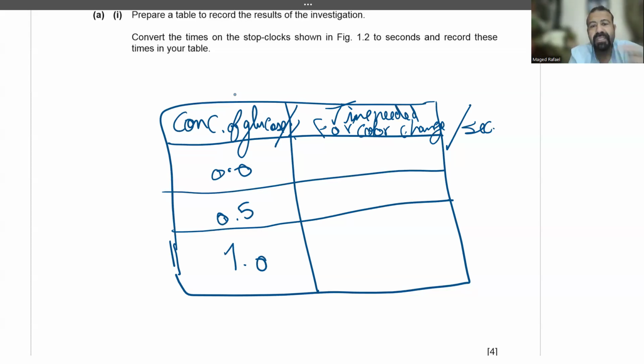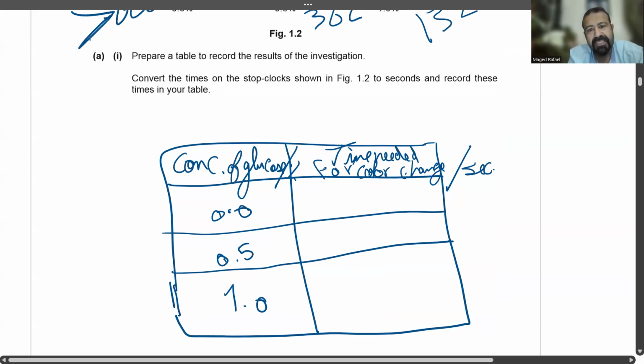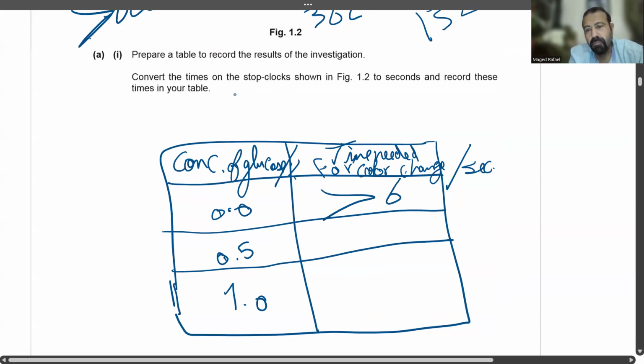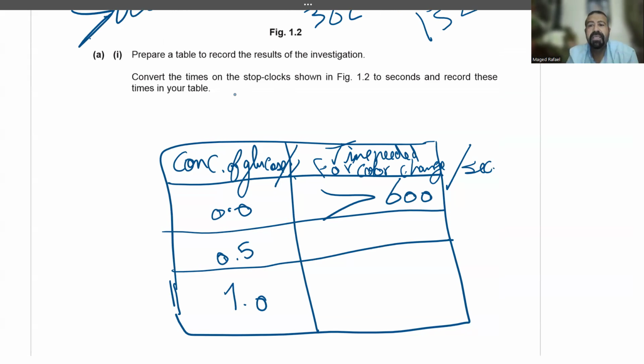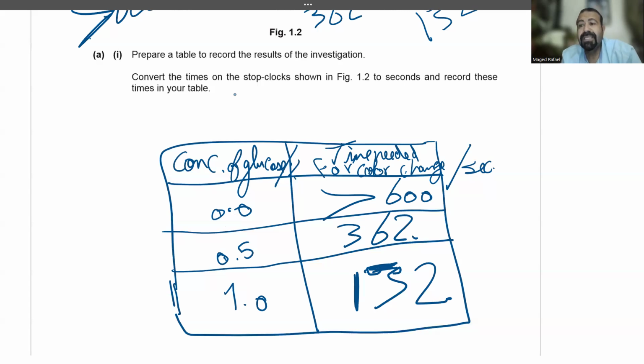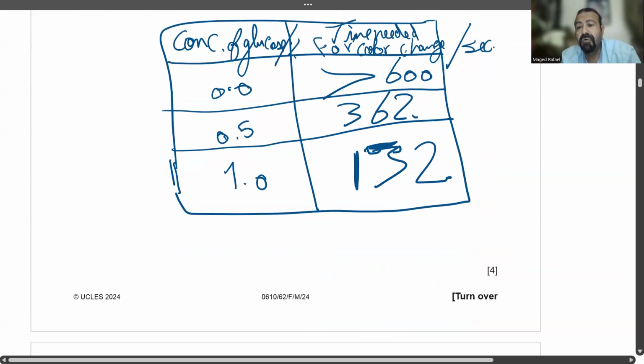So the first one, for 0, it was more than 600, and he mentioned that for 0 it should be more than 600. For 0.5 it was 362, and for 1 it was 132. And now we got 4 out of 4 in our table.